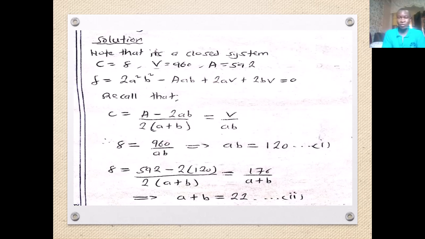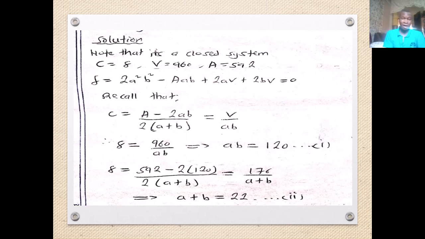Maybe just to tell you how that one came about, you cross multiply 8 times 2 into A plus B, and then the other term remains on the other side. Then you divide. You have 8B plus 8A is equal to 176.